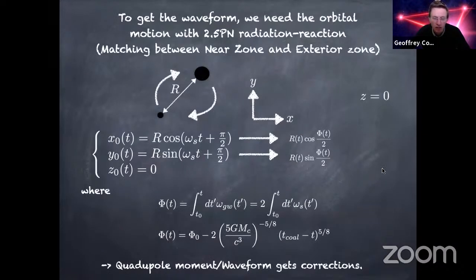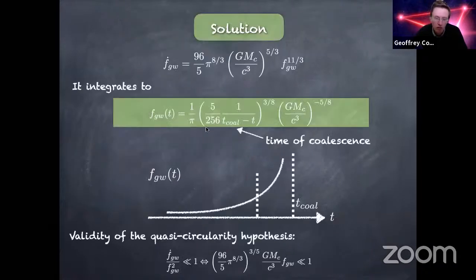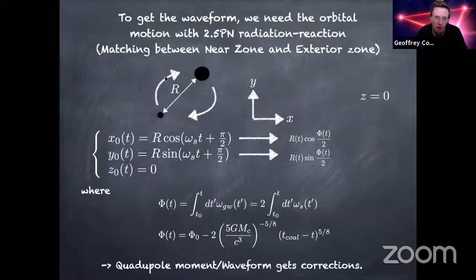Okay, so now to have the proper waveform, we have to be consistent. Here we derived the motion assuming that we have a Newtonian motion plus some variation of the constants. So now let's try to do it consistently.